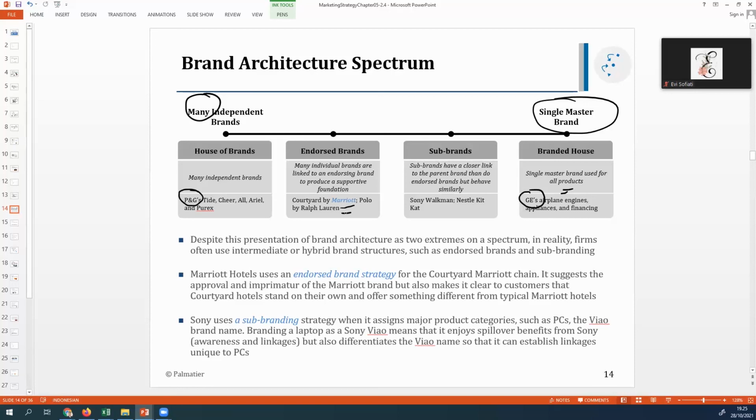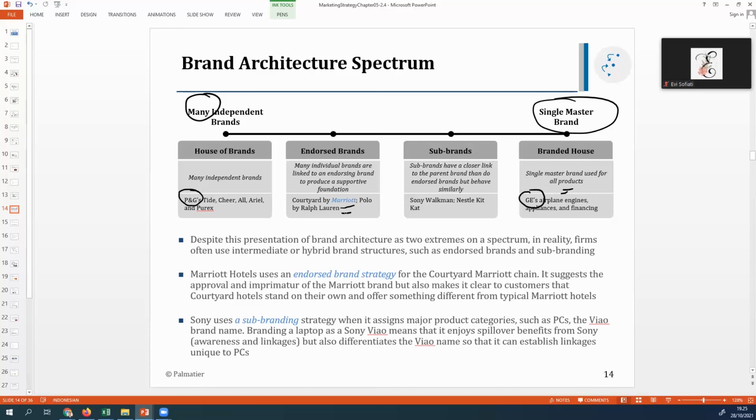Okay, so this is endorsed brand. Courtyard is a hotel, and Marriott is the management system. So when it is Courtyard by Marriott, meaning the management system is using Marriott. The arrangement is all by Marriott. Courtyard is having the hotels only. So this is the endorsement brand.